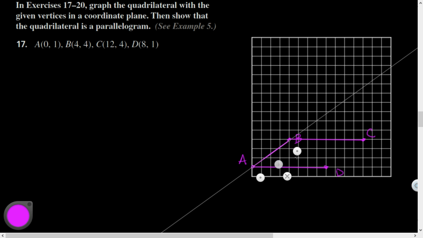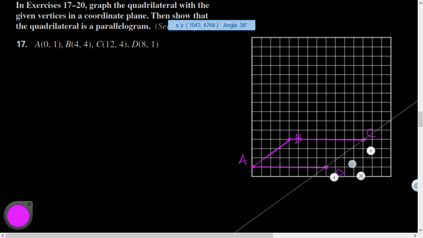It's a lot of work, though. I could show that opposite sides are parallel using the definition of a parallelogram. But that would be like 4 slope formulas. I could show that opposite sides are parallel and congruent for one of the pairs using 2 slope formulas and 2 distance formulas. The easiest way is using the diagonals bisect each other.